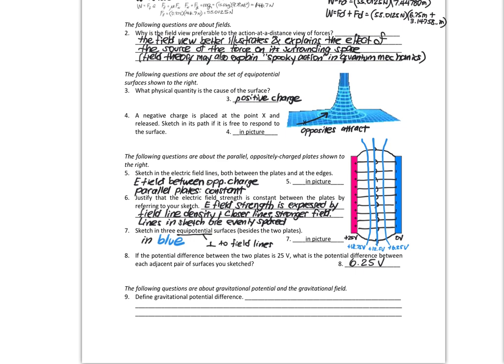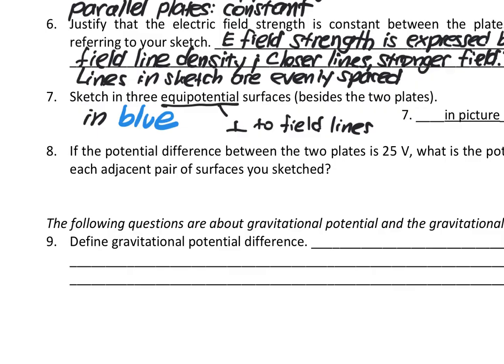So, last question on this page, number 9, gravitational potential difference. Well, we know that electric potential difference is in an electric field. Let's say V electrical is the work done against an electrical field, I guess you would say WE, per unit charge moved.